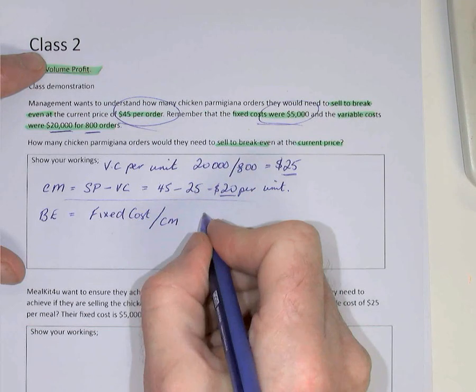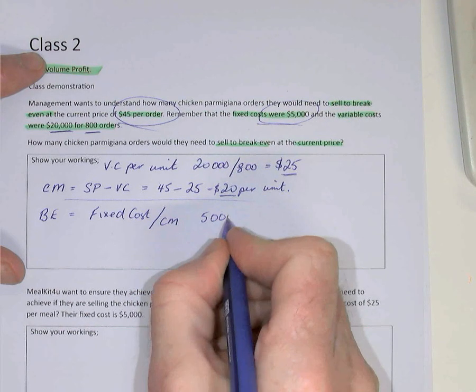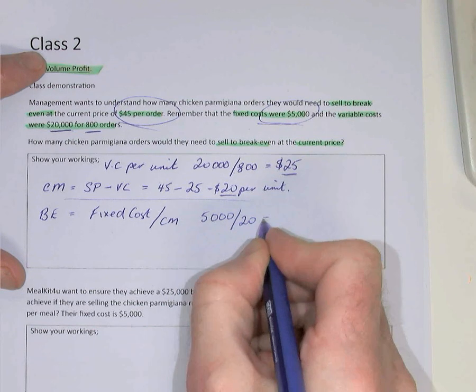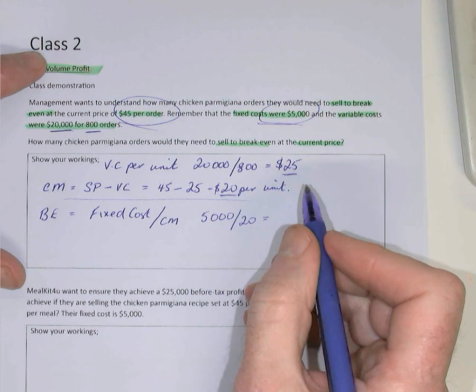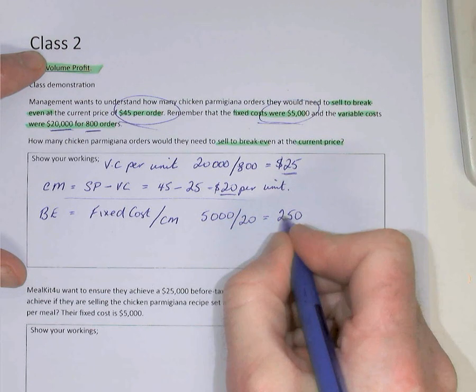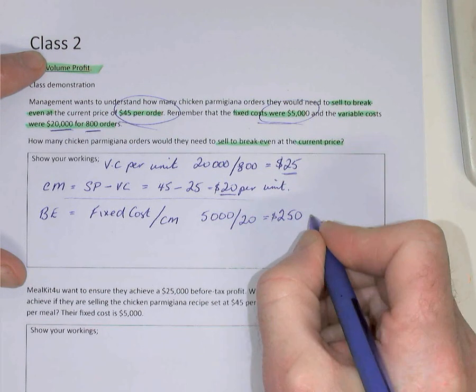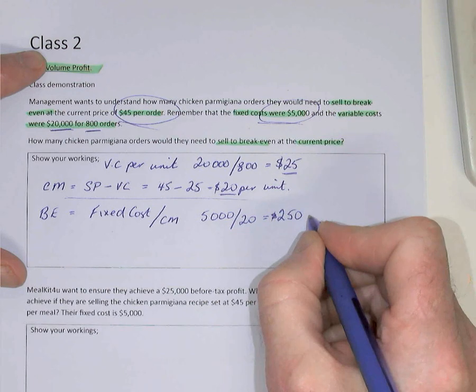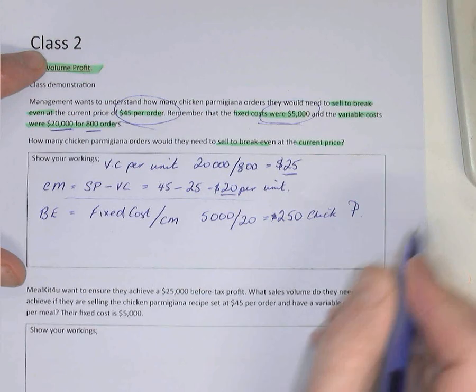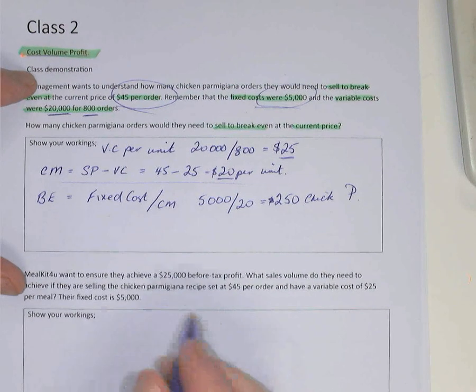So we've got 5,000 divided by 20 equals 250 chicken parmas. Nope, that's not dollars, 250 chicken parmas. So that gives me break even.